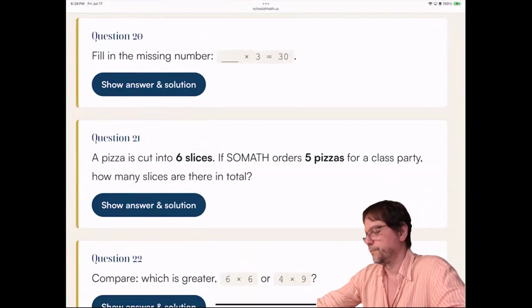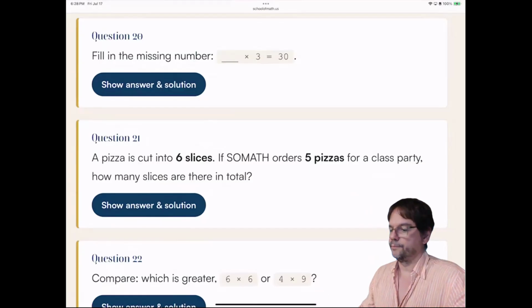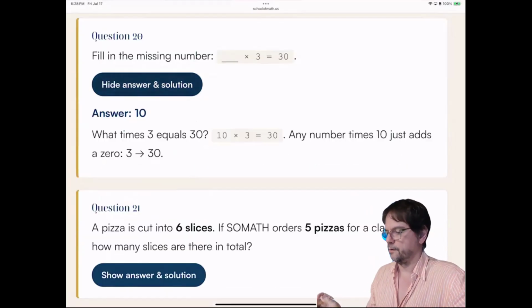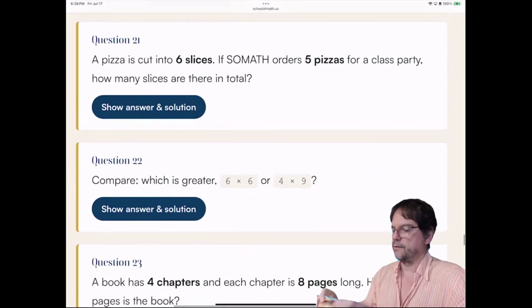Next one. Super easy. Nothing to add. Okay. Next one.